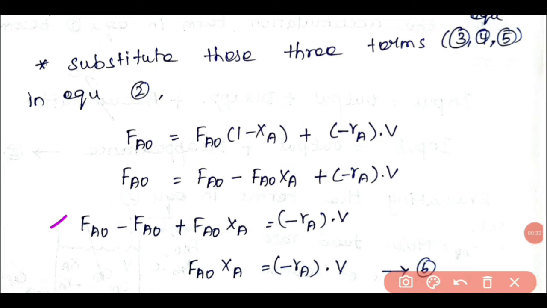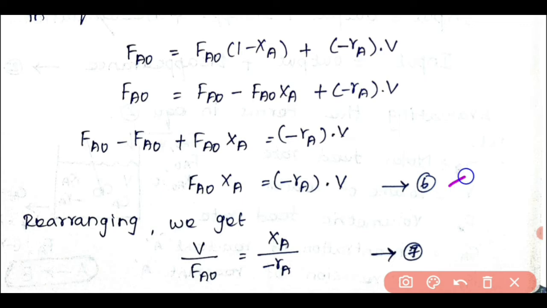So Fa naught minus Fa naught plus Fa naught into Xa is equal to minus Ra into V. So Fa naught into Xa is equal to minus Ra into V. Next, rearranging this equation number 6, you will get V divided by Fa naught is equal to Xa divided by minus Ra.